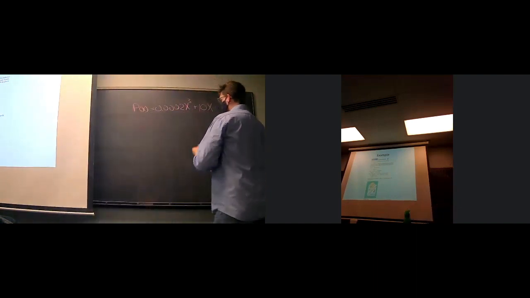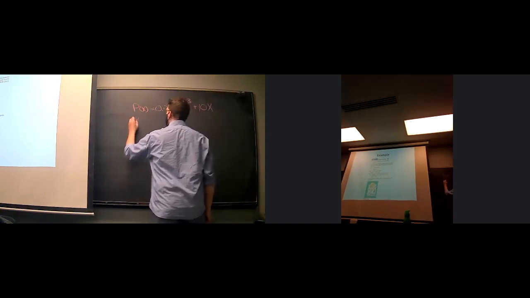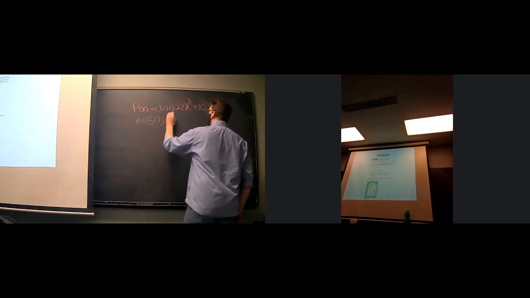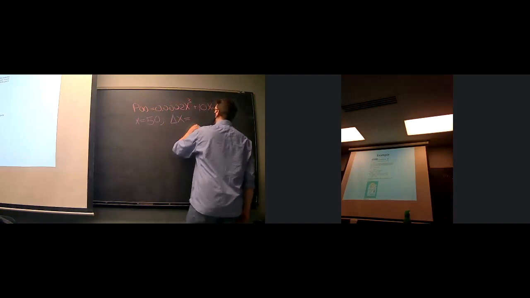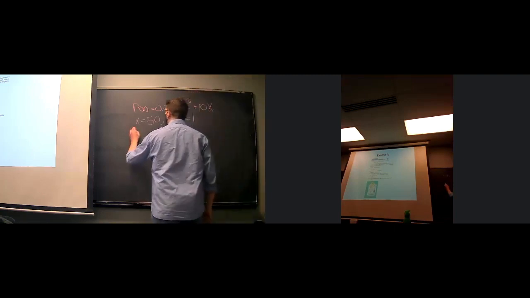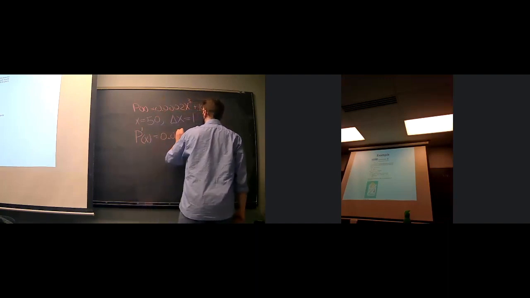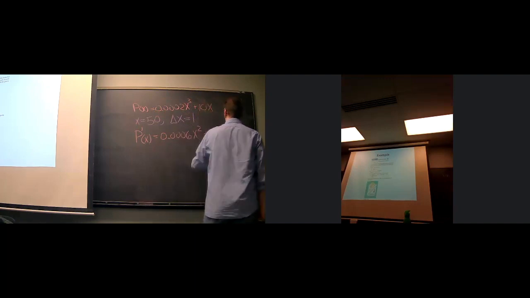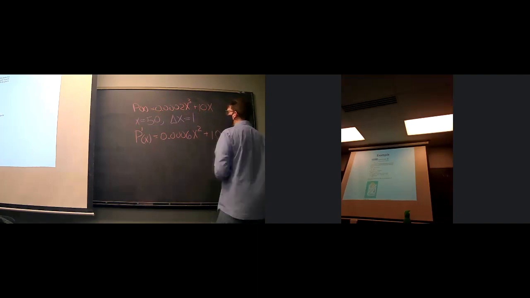So x is going to be equal to 50. Delta x is going to be equal to 1. The derivative of our function is going to come out to be 0.0006x squared plus 10.